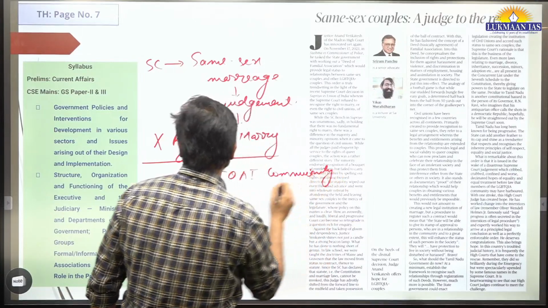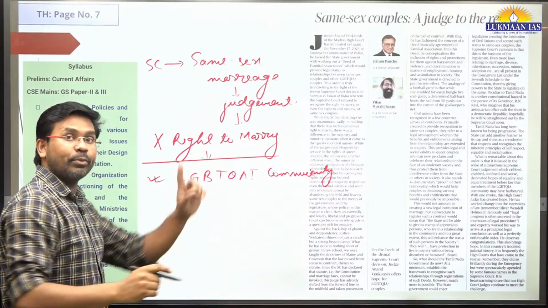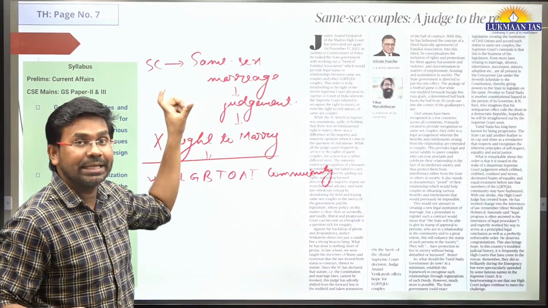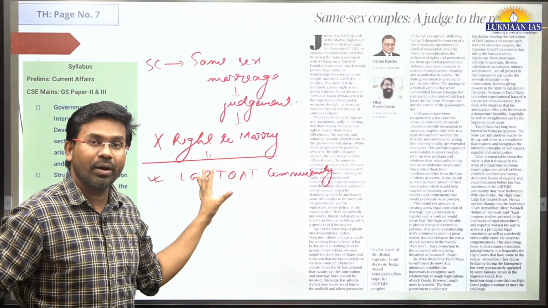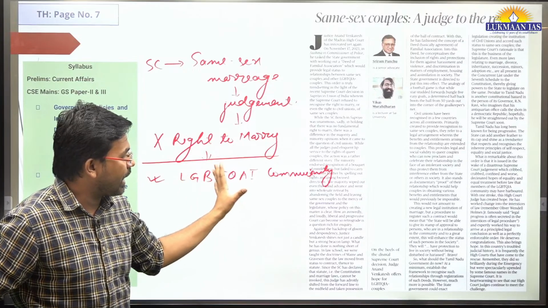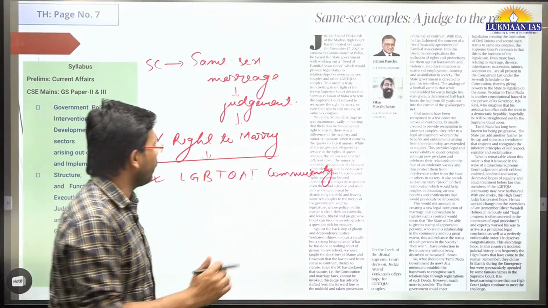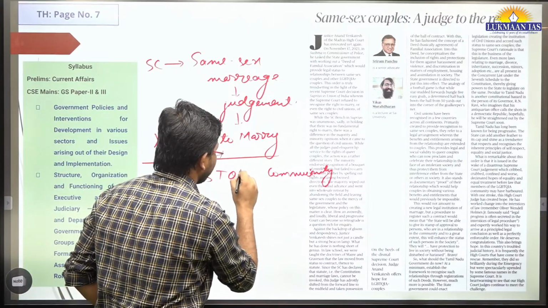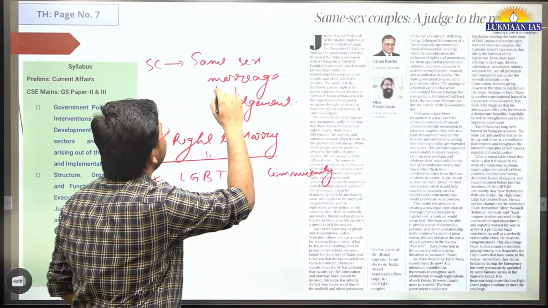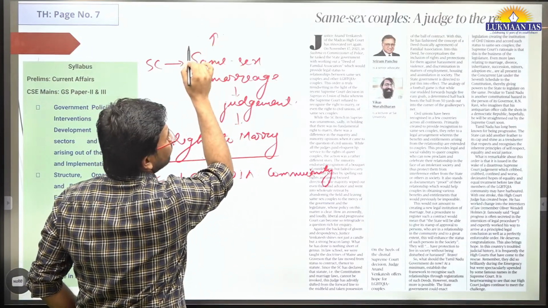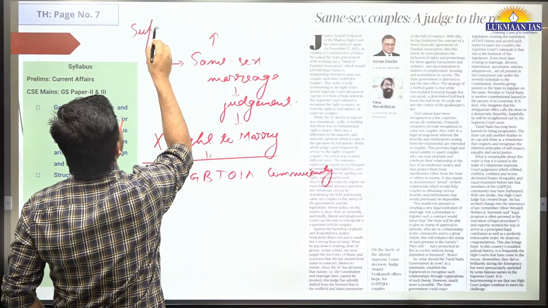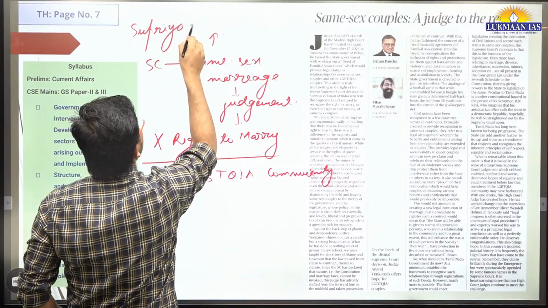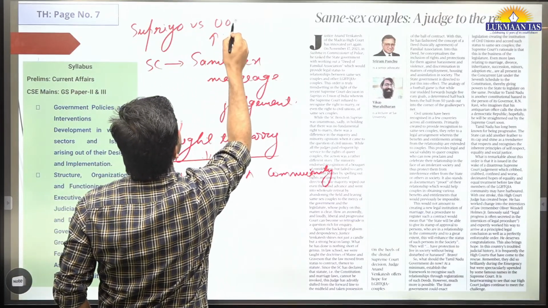So recently the Supreme Court of India has already denied the right to marry to same-sex couples, to the LGBTQIA community. And the name of the case is Supriyo versus Union of India, right?